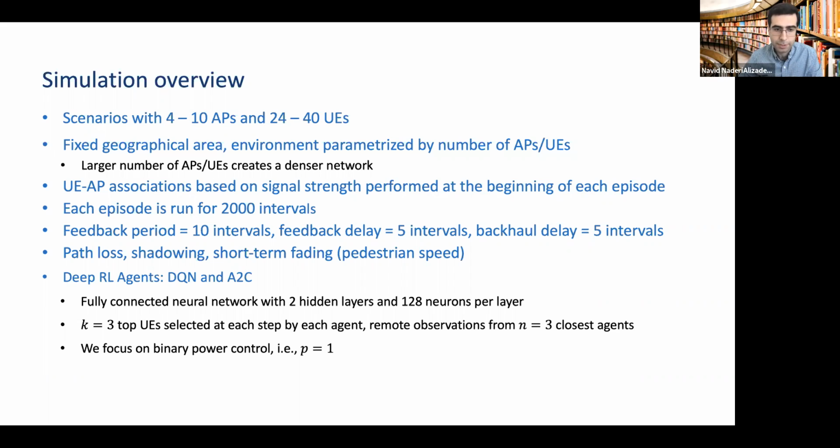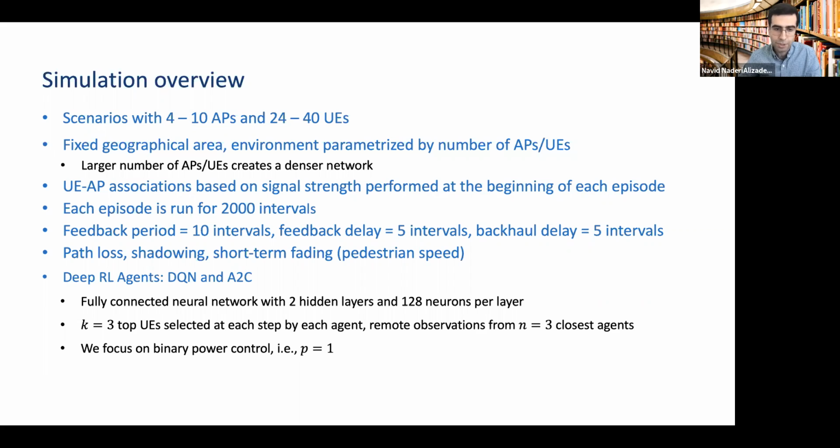In terms of the agent structures, or the reinforcement learning agents, we use a value-based Deep Q-Network agent, and also a policy-based advantage actor-critic, or A2C, agent. For both of them we use a fully connected neural network with 2 hidden layers and 128 nodes per hidden layer.